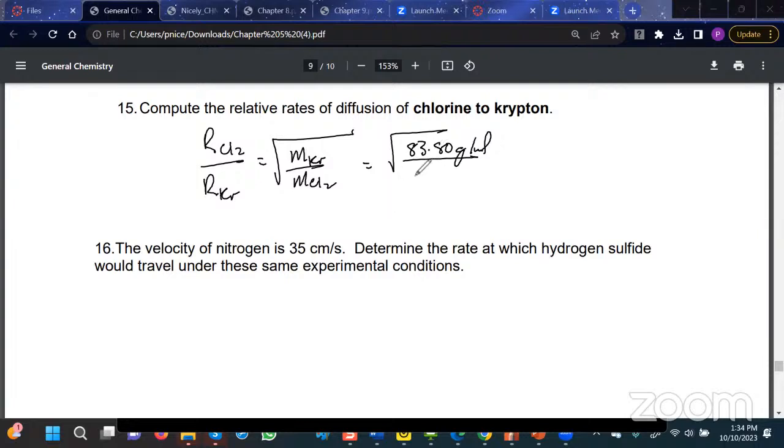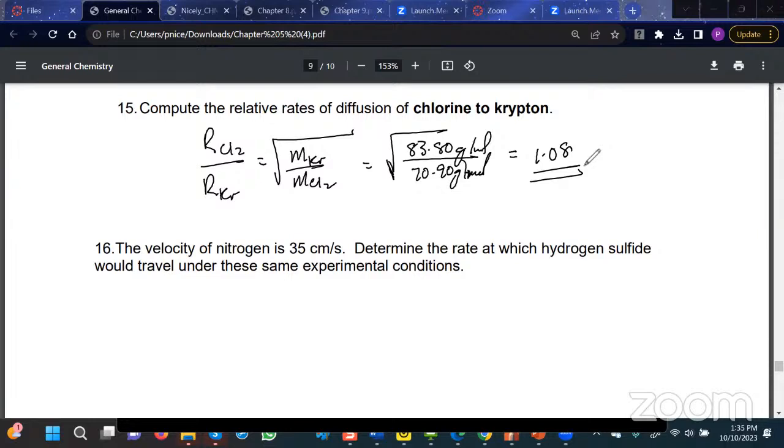So that will be 70.90 grams per mole. And then you do the number crunching. So that's 83.80 divided by 70.90. And according to my calculation, this works out to be 1.08. All right, any questions?